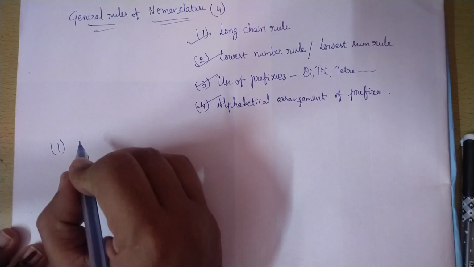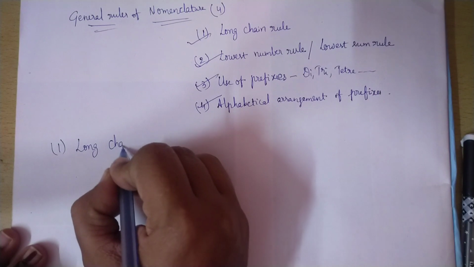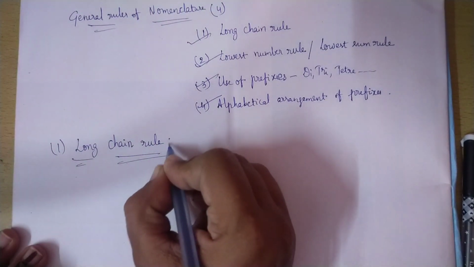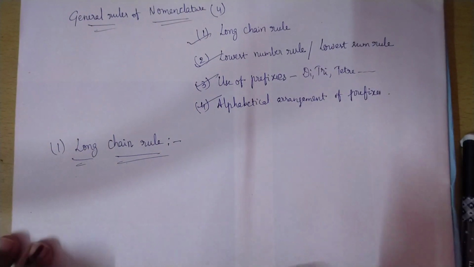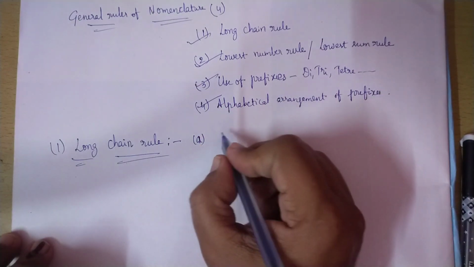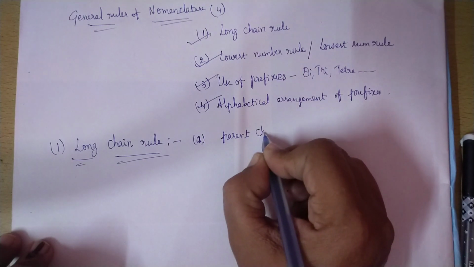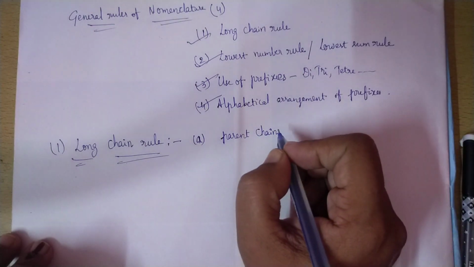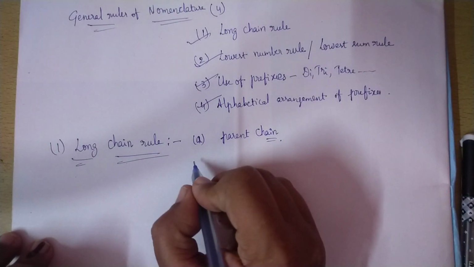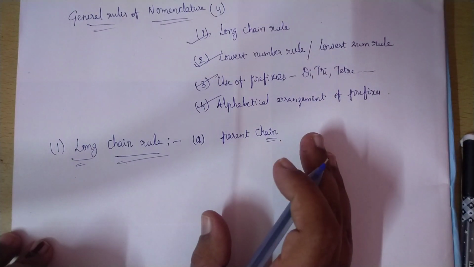What's the first one? Yes, exactly, long chain rule. Let's try to understand this. In this, first we should select the parent chain, and we should give the priority to the prefix, word root, primary suffix, secondary suffix.